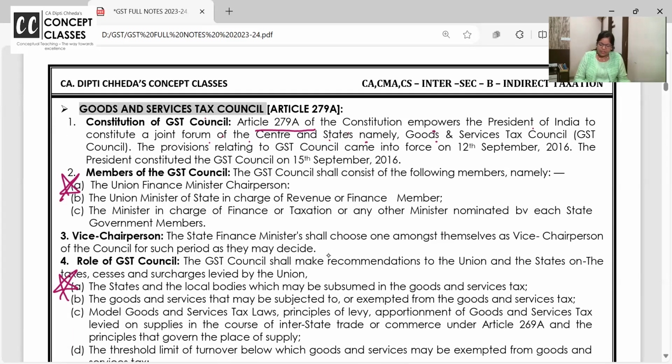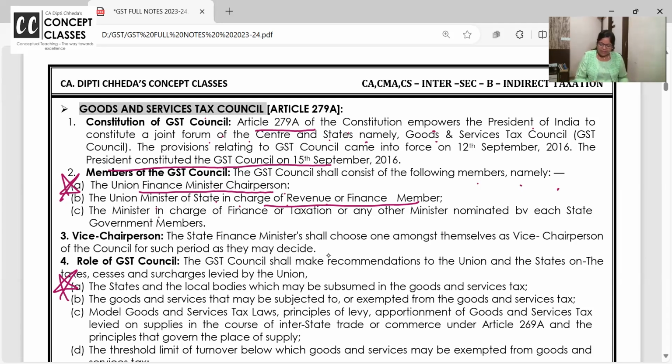The President constituted the GST Council, right, with the following members. It will be headed by the Union Finance Minister, who will be the chairperson. Right now, Nirmala Sitharaman ma'am is the finance minister, so she will be the chairman. Then the Union Minister of State in charge of revenue or finance. Every state also has its finance minister, recommended by the chief minister of the state.